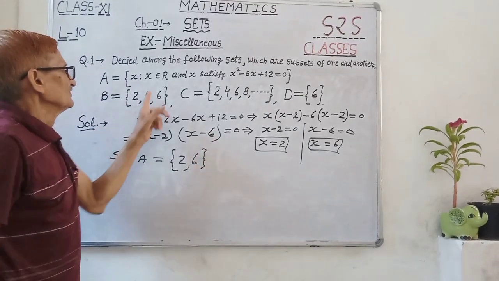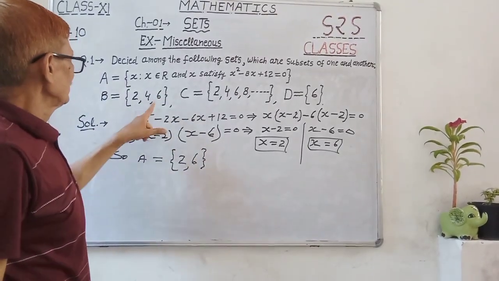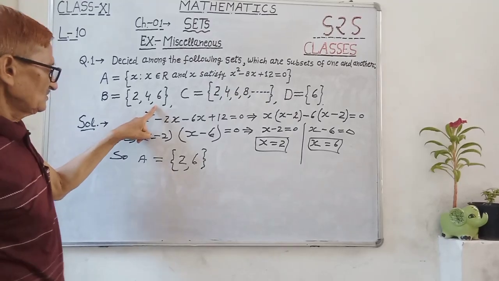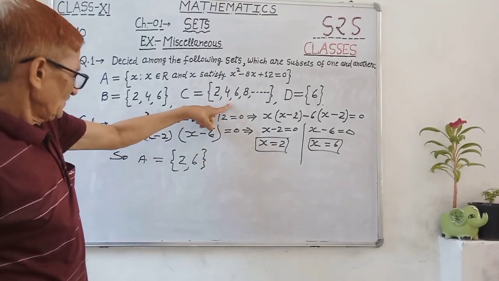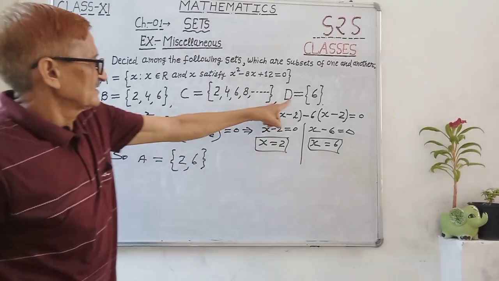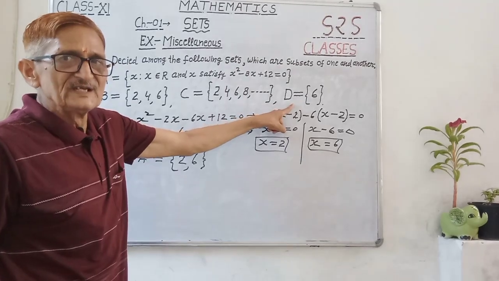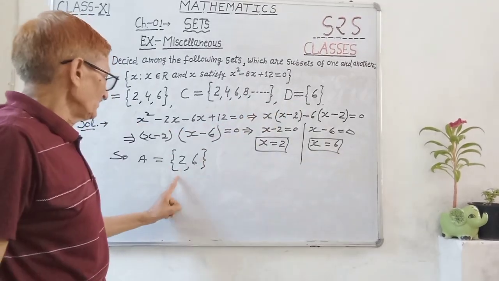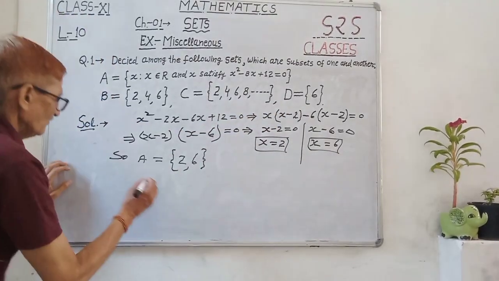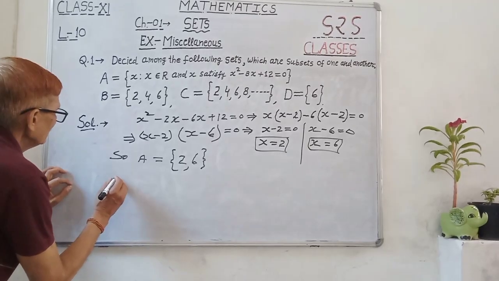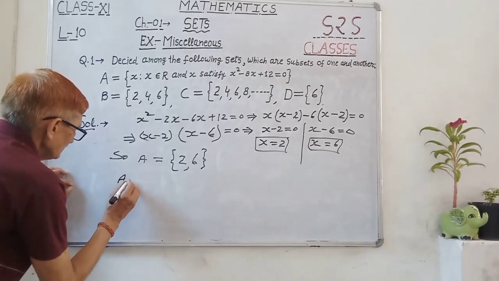Now you see set A, this is the subset of B also. Set A is the subset of C also, 2, 6, but set A is not the subset of D, but D is the subset of A. Okay, now we can write answer.